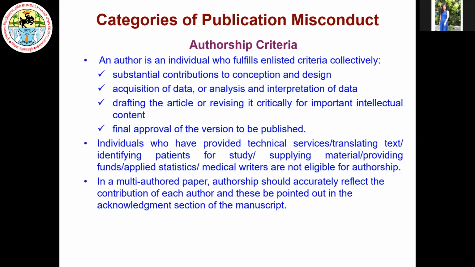So these people should not be included as authors. In a multi-authored paper, authorship should accurately reflect the contribution of each author, and these should be pointed out in the acknowledgement section of the manuscript. So nowadays, if you submit a paper in a good journal, and it is a multi-authored paper, you have to write which author has done what.